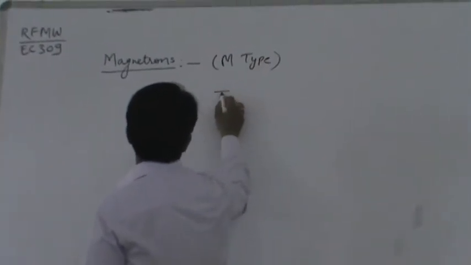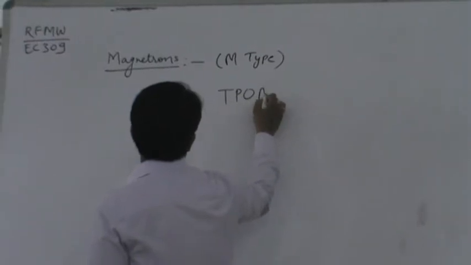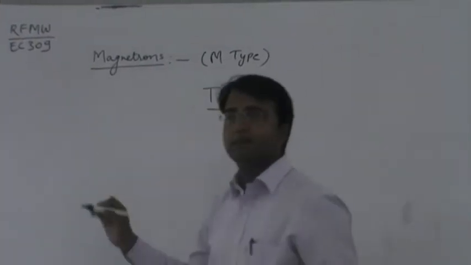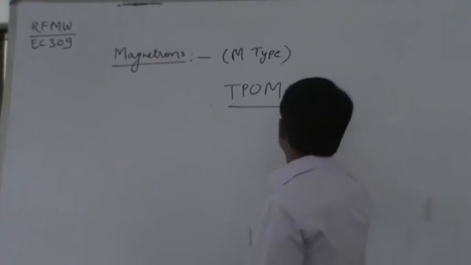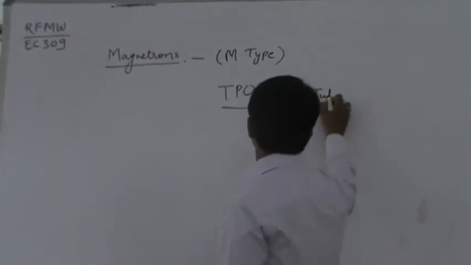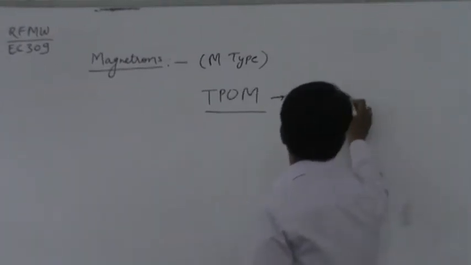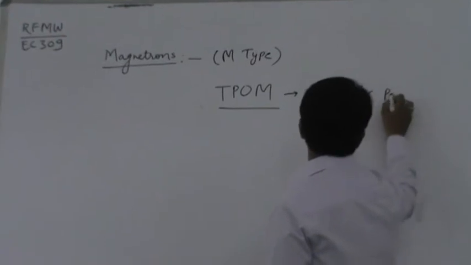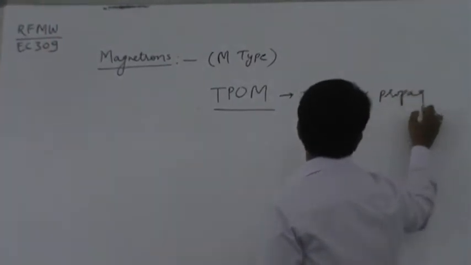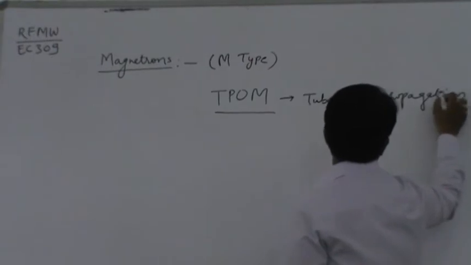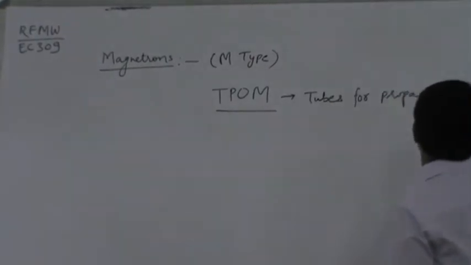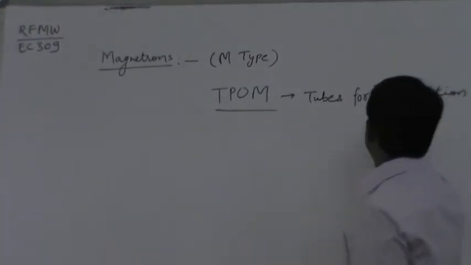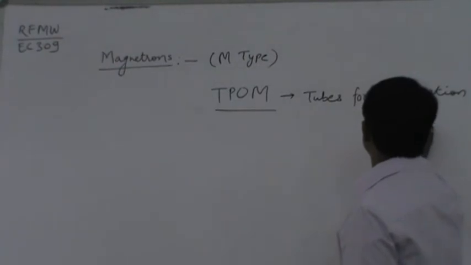where M is derived from the French term, which means tubes for propagation with perpendicular magnetic field.